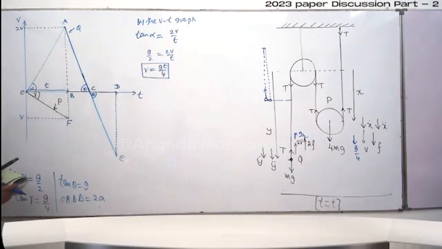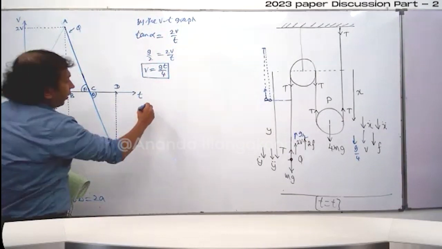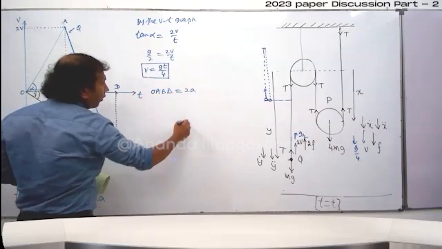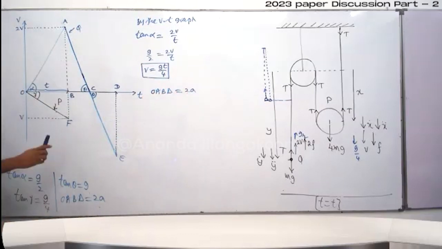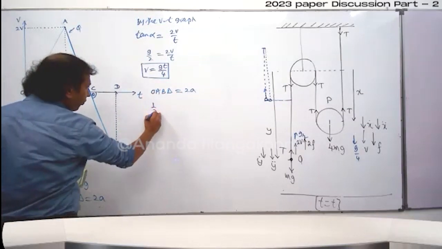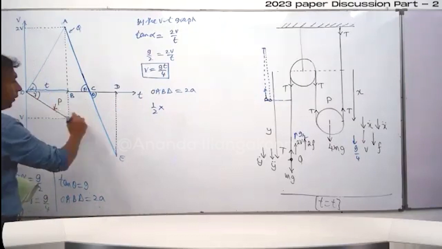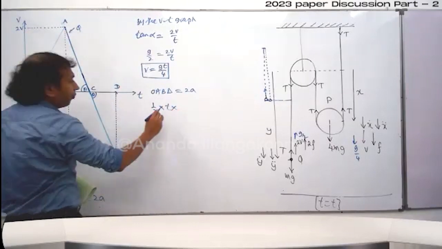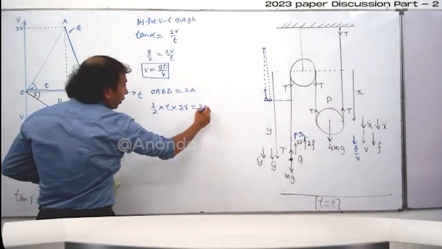Right. OAB area, 2A we know. Now, people, we can write the OAB triangle area as 2A. What is that? It is half, base is t, into perpendicular height 2v, equals 2A.